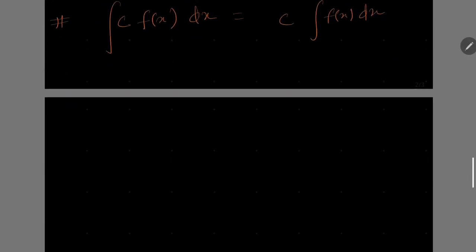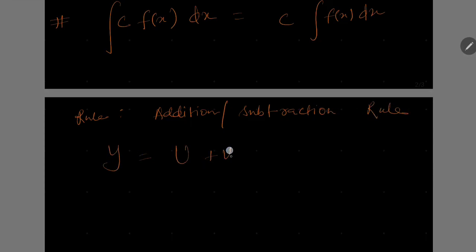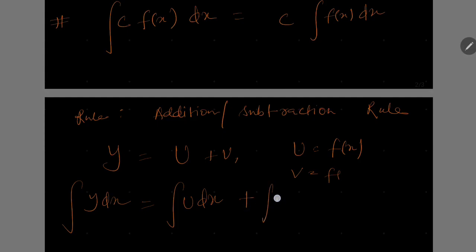Now how will you do integration? Another rule is the addition and subtraction rule. If y is u plus v, with u a function of x and v a function of x, and you have been told to integrate y with respect to x, you can distribute this integration: do integration of u with respect to x and v with respect to x, and put the sign, whatever it is, as it is.